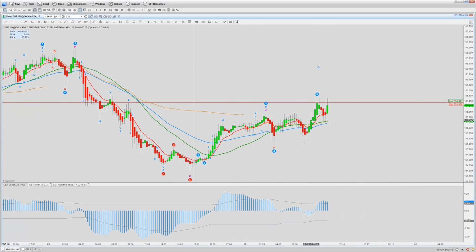We had a break above, pulled back. So this would have been your entry here. Of course, they brought it back up, as we mentioned, the Asian box, pulled it back. And see the divergence here on the MACD.